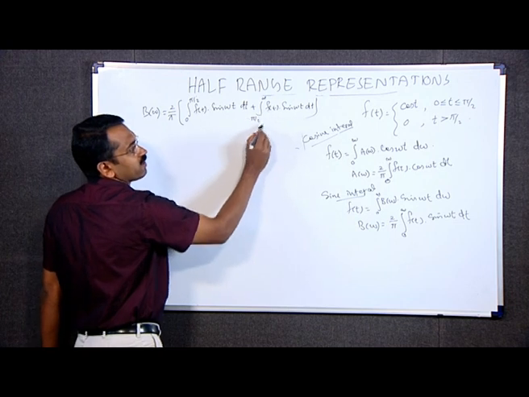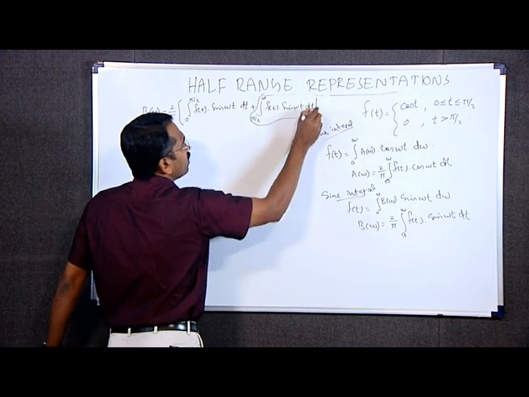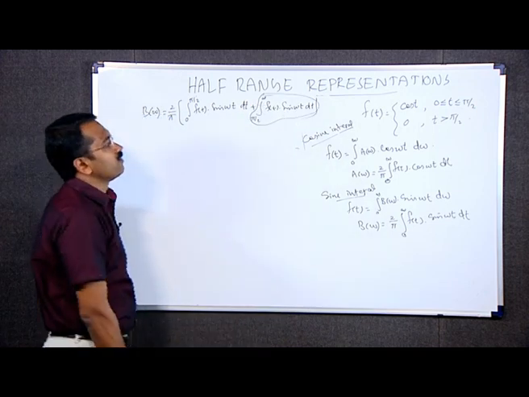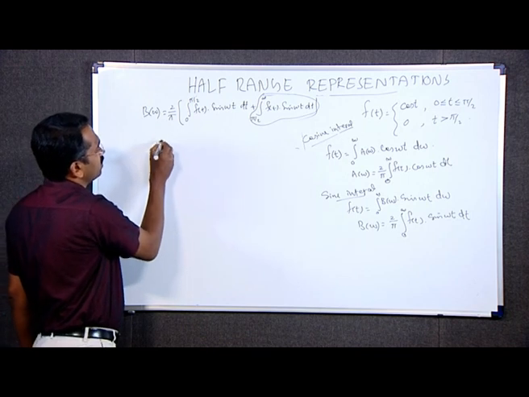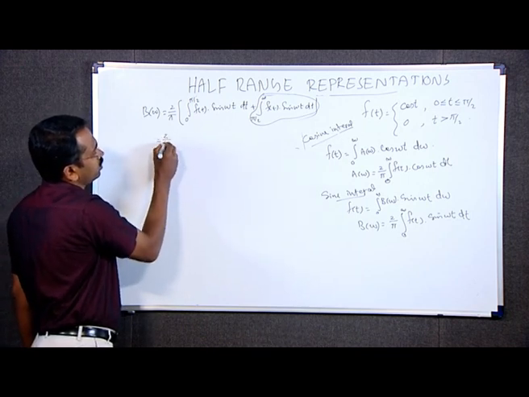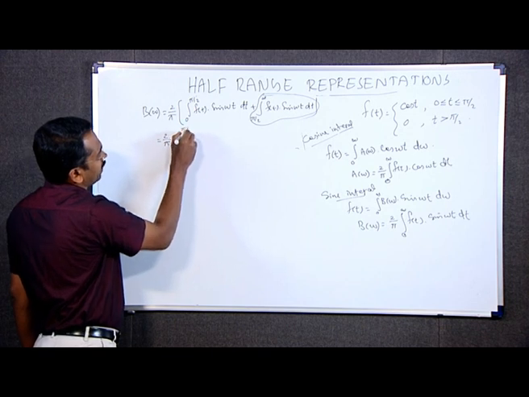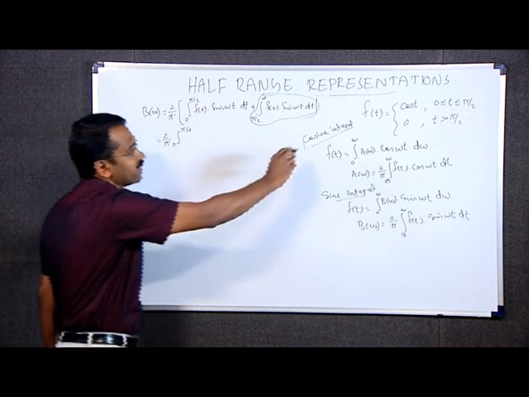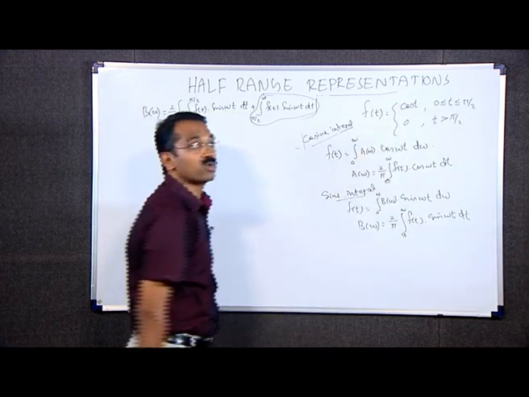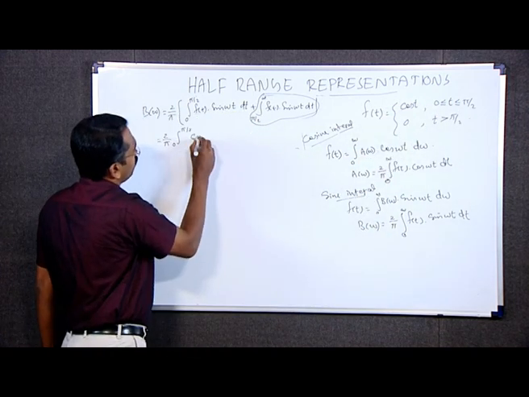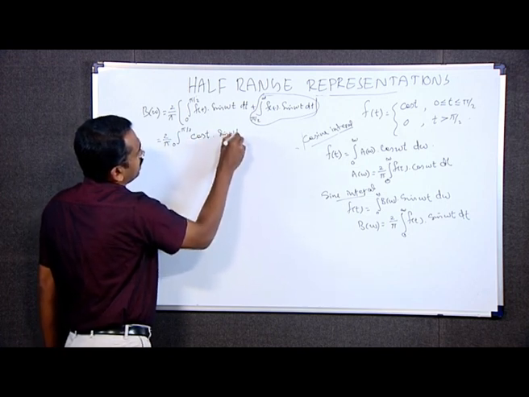In this case, function is defined as 0. Therefore, the second integral will become 0 and the remaining is b omega equal to 2 by pi into integral from 0 to pi by 2. Here f of t is defined as, from 0 to pi by 2, f of t is defined as cos t. Therefore, cos t into sin omega t dt.